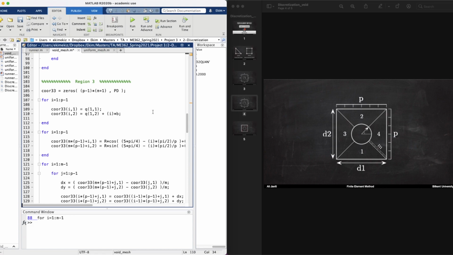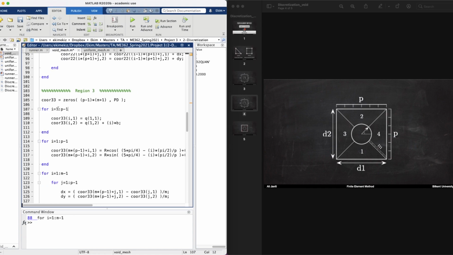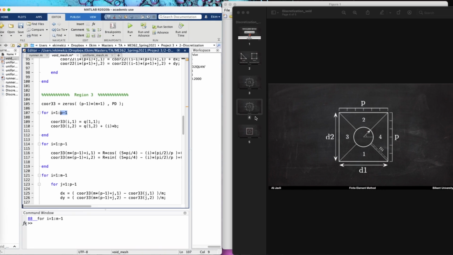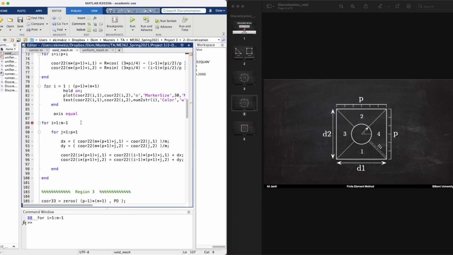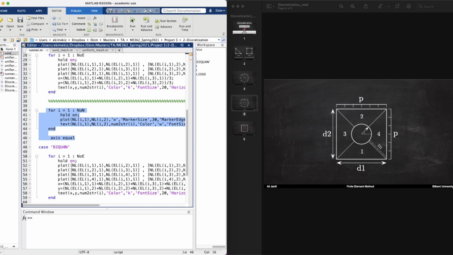Okay, so let's see, we initialize our core 3, and then we have a for loop over i equals 1 to p minus 1. Again, why is it p minus 1? Let me run this again. I want to see the whole domain.